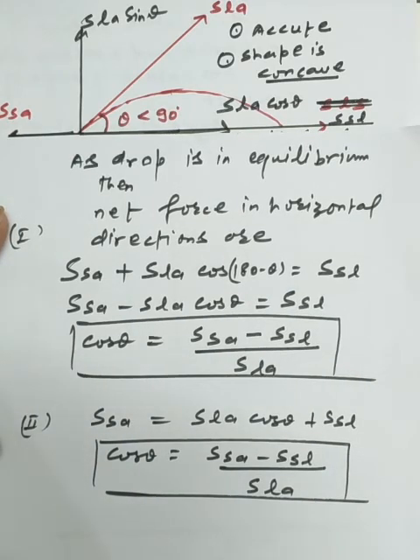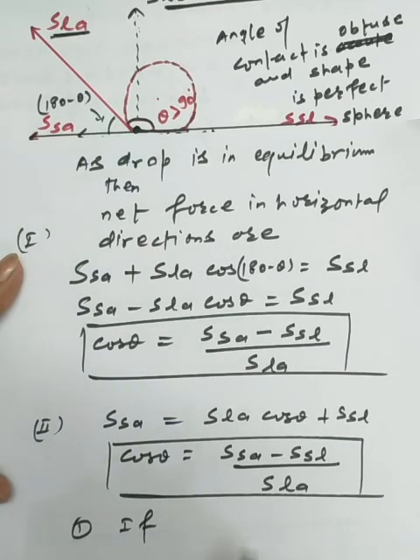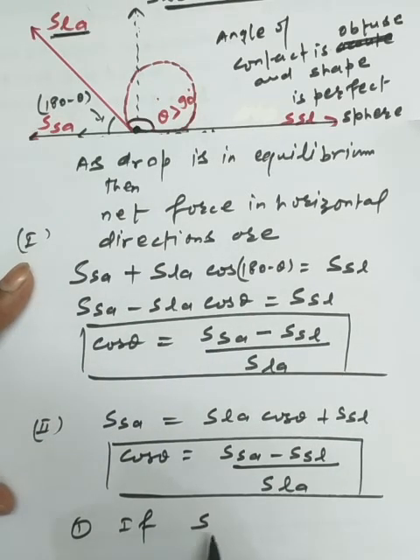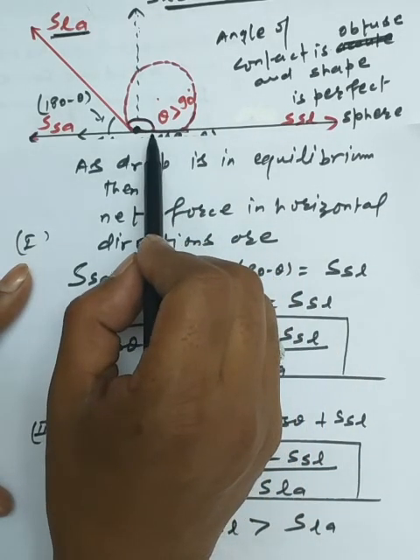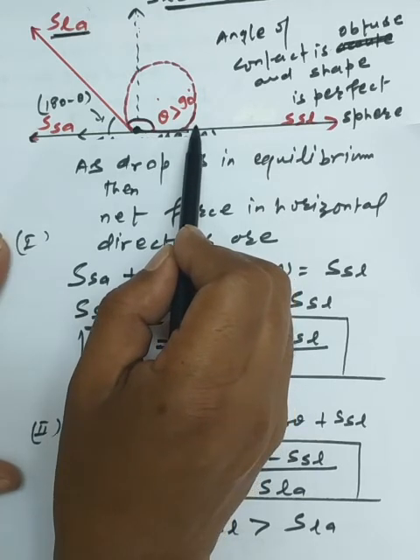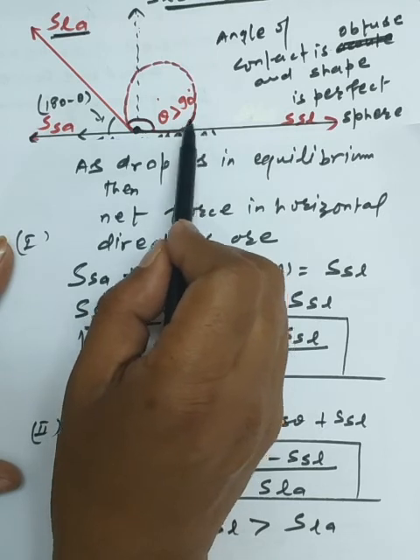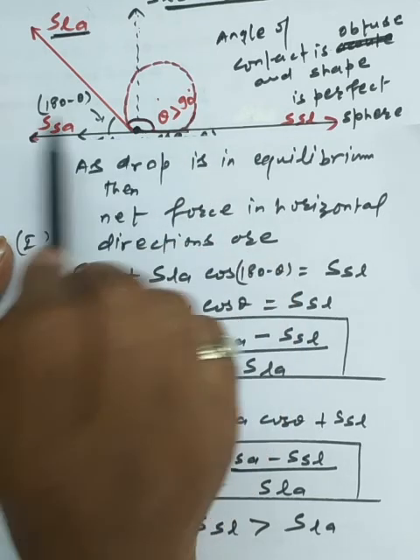Now we discuss the relative strength between these surface tension forces. Here we assume the surface tension force between the solid-liquid interface is greater than the surface tension between the liquid-air interface. The water molecules, or any liquid, tend to minimize or contract their surface area and keep away from the solid surface.